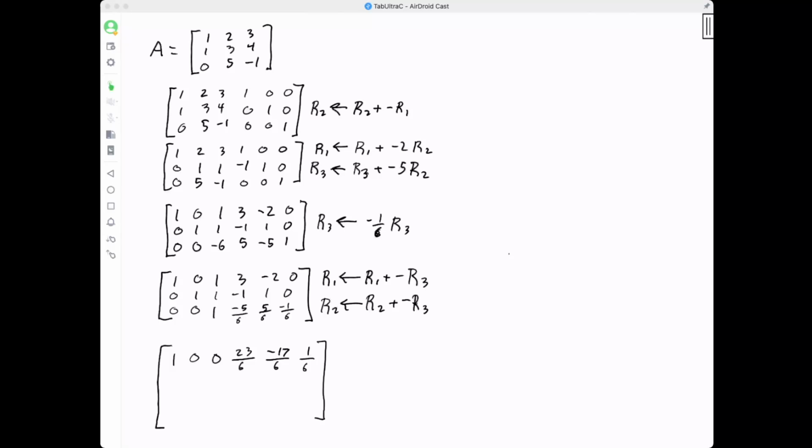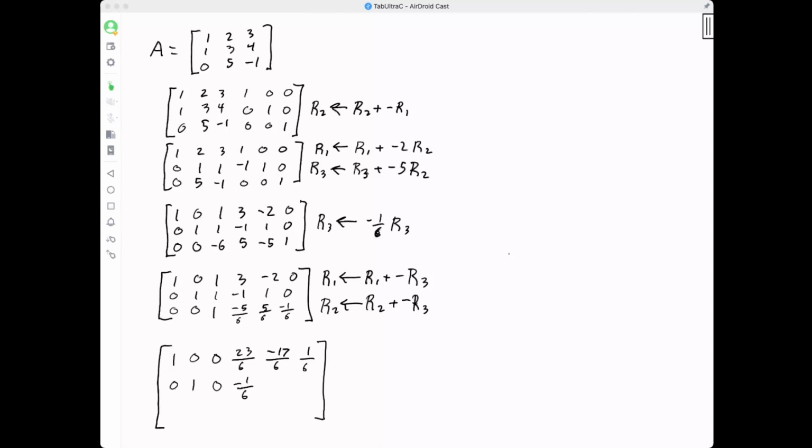That's the first row. The second row is going to become 0, 1. Then 1 plus a negative 1 is 0. Negative 1 plus a negative 1 times negative 5/6 is negative 1 plus 5/6 is negative 1/6.